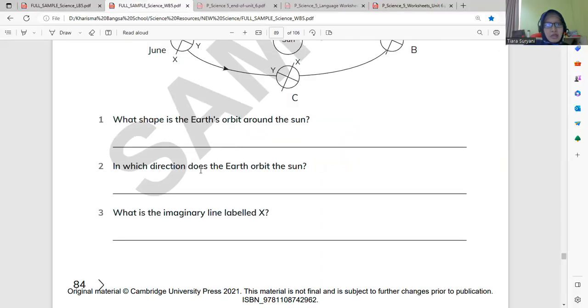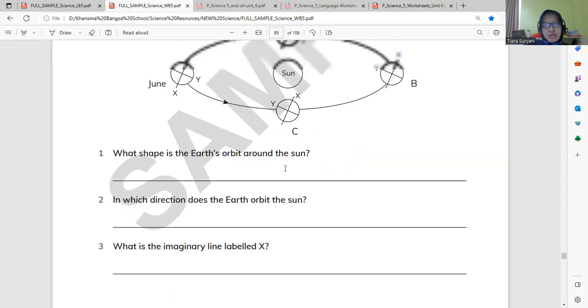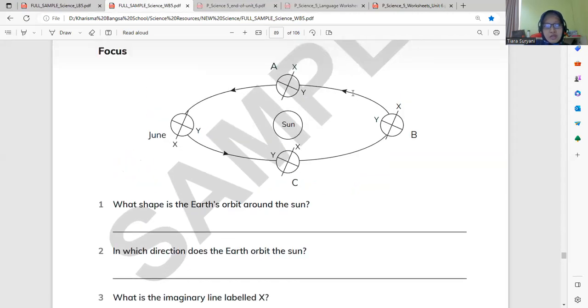Okay, and then in which direction does the earth orbit the sun? There will be some pictures, and you can refer to those pictures. If this is a clock, and this is 12, for example, 6, 3, and 9, you can see that the direction is counterclockwise.